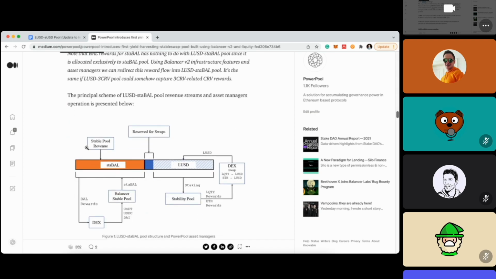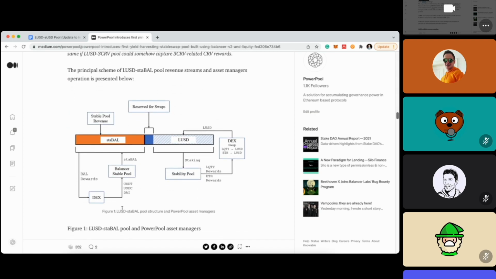The principal scheme of operation is presented here. This was the initial idea of how it will work, and I will share a little update in a couple of minutes. So we have LUSD, and we have reserves for swaps, because if somebody wants to make a swap inside this pool, he needs to have liquidity here. For this purpose, we have some reserves.